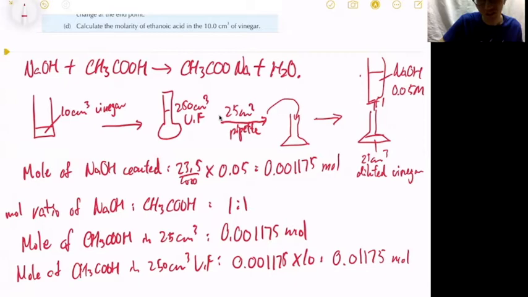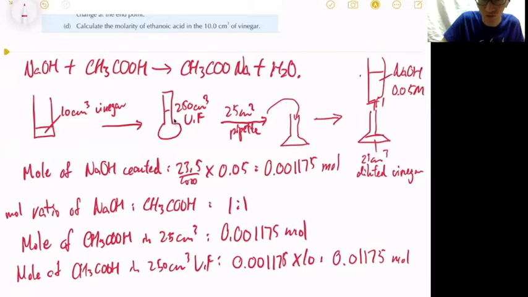It means that inside the volumetric flask, the number of moles of ethanoic acid will be 10 times the moles of ethanoic acid inside 25 cm cube. So we get this number of moles, and that is the number of moles of ethanoic acid inside 250 cm cube.